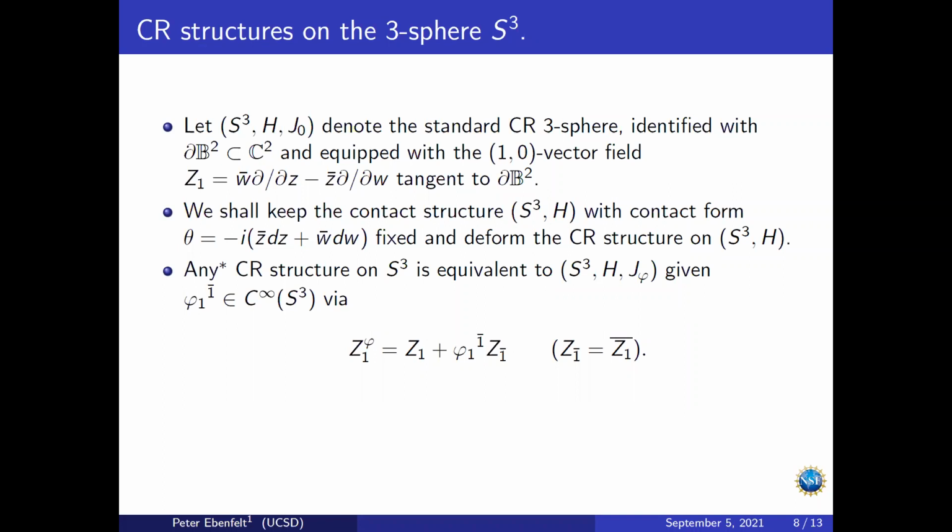It has the phi right there. And of course, phi equals 0 is the standard structure. And then we're going to look at the equation, the obstruction flat equation, obstruction function O equals 0. And it turns out that that is a 6th order nonlinear PDE for this C infinity function phi. So we're going to try to see if we can solve that.